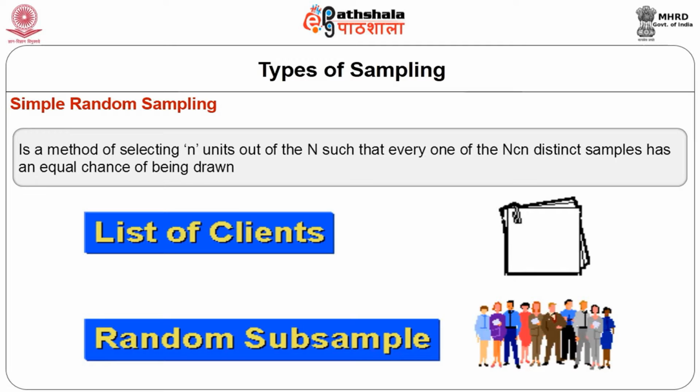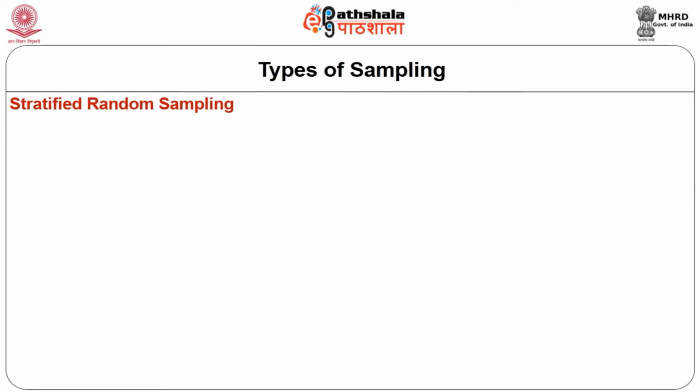Simple random sampling has the disadvantage of getting the sample from one direction or one place. To overcome that, we use stratified random sampling.